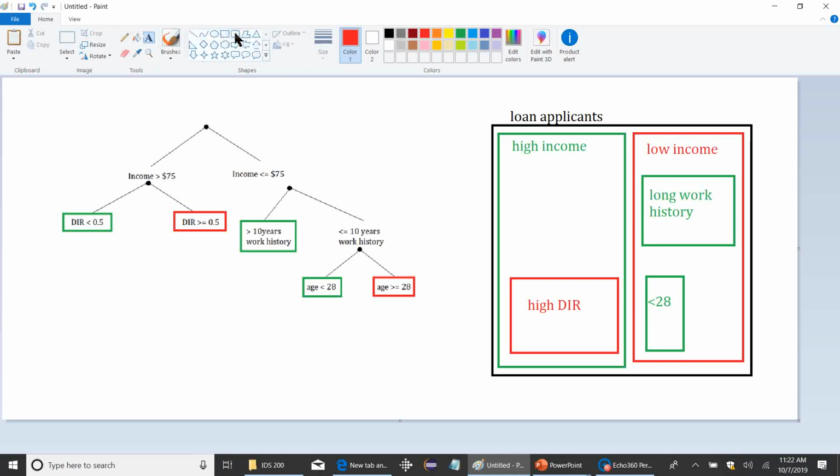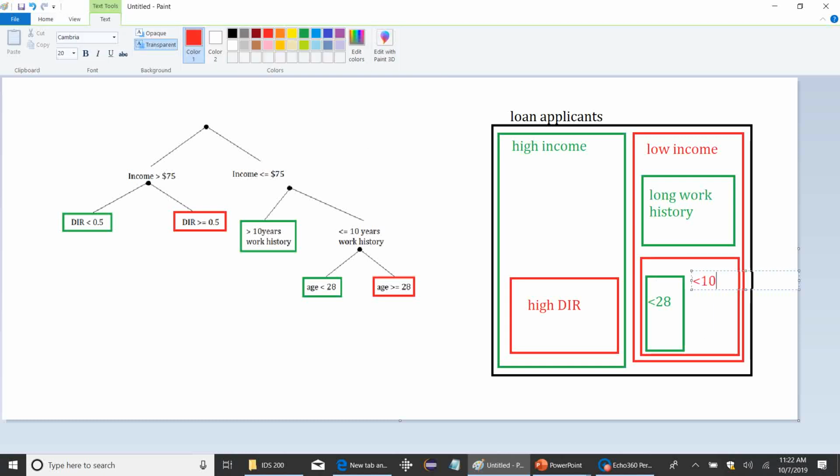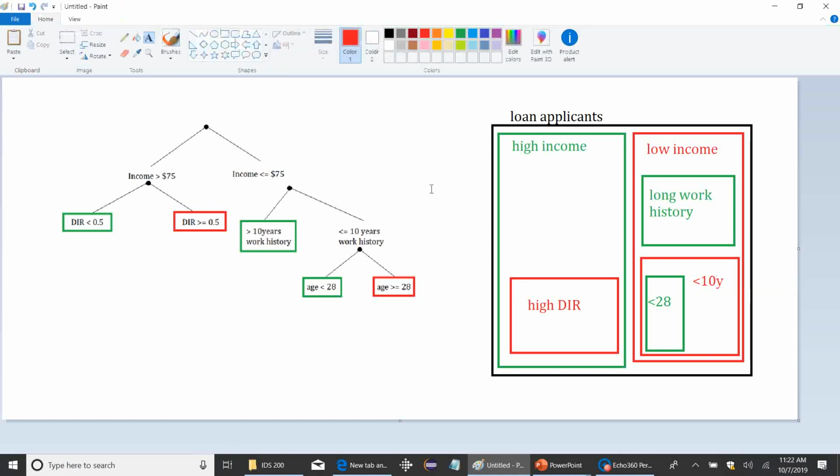Let's mark this in. So I'll say less than 10 years work history. There's a different mapping, right? You're not just going to go with one line through the whole pile of data. You're sequentially dividing the data, because if everybody was low risk, then the whole box would just be green and there'd be nothing to split, right?